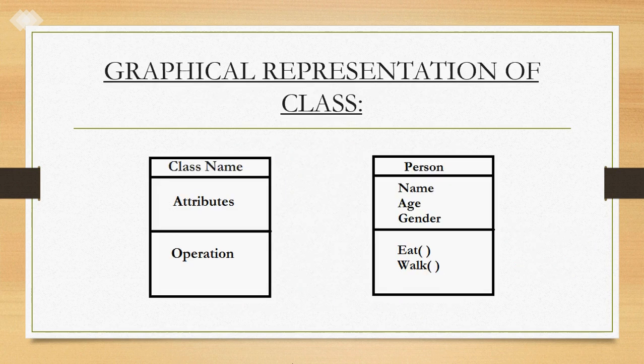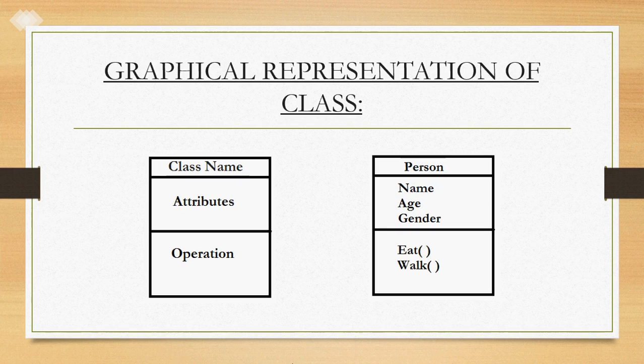Okay, now let me show you its graphical representation. As you can see, there are two diagrams. On the left side there is a box. In the above portion you can write the name of the class, like in our case it is the kitchen class, and you can write the attributes. Now what are attributes? On the right side I have also shown an example. For example, the class name is person. Attributes are the properties, like the person has name, age, gender.